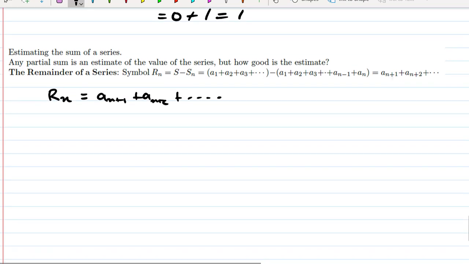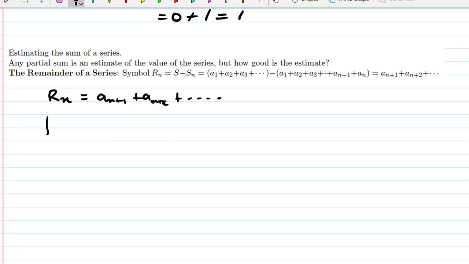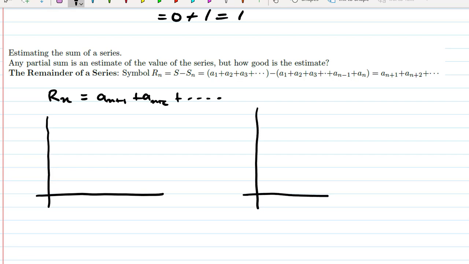So if we were to draw a picture of the remainder, so we're all the way out here, we have n plus 1, n plus 2, same thing, n plus 1, and n plus 2, and we have some function.